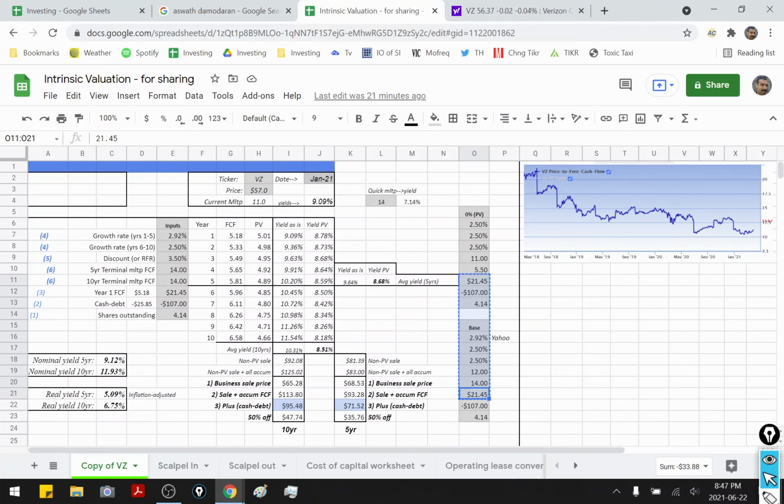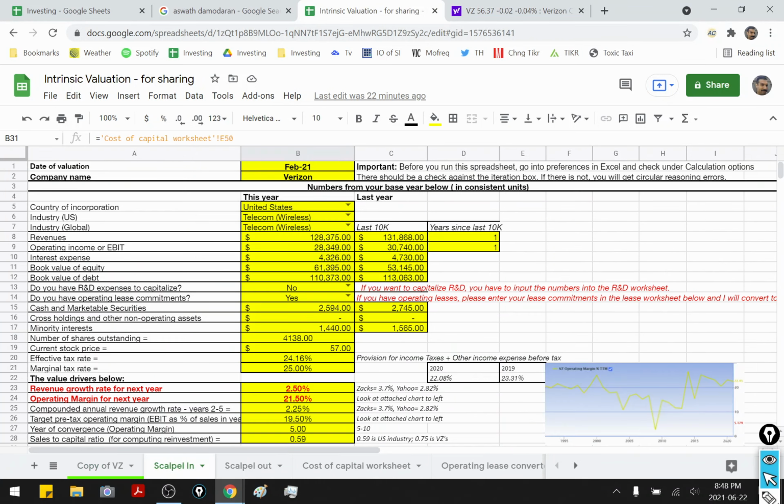Now, this is the sheet that you'll often see me use, and I'm going to go through it quickly in a second. But if you haven't seen me, I sometimes will use the rest of this stuff here. If you keep going, there's a whole bunch more stuff. This is a far more complicated sheet. Here it is. I call it the scalpel in.